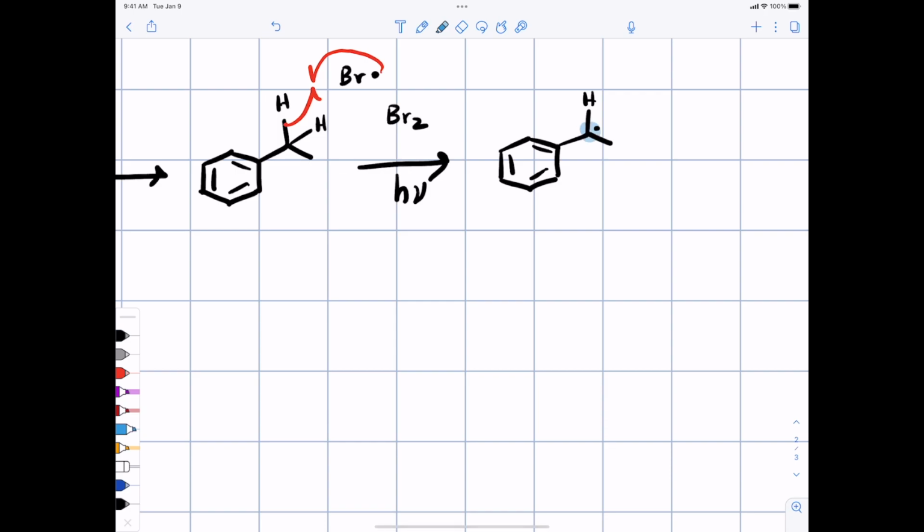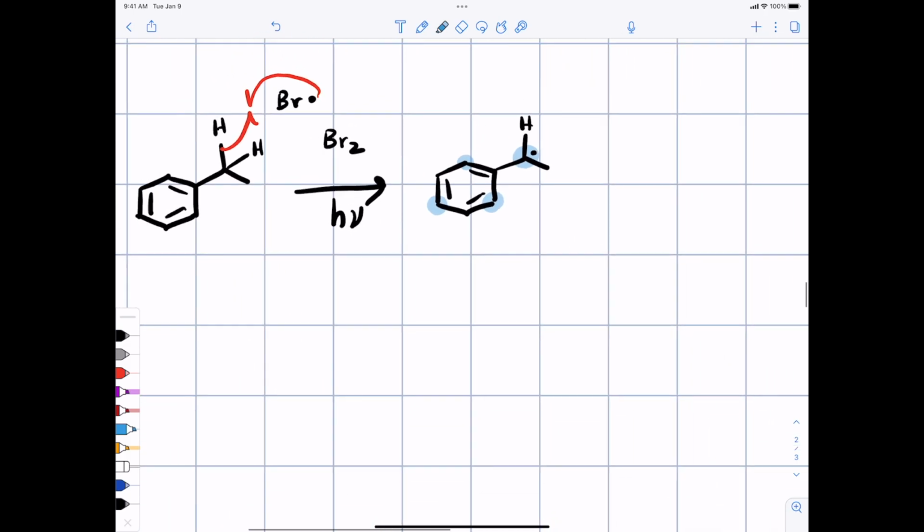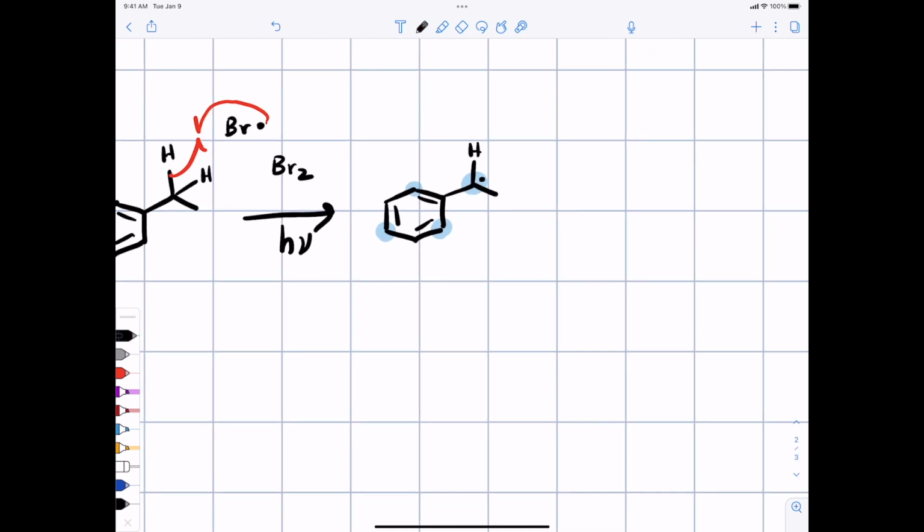Final exam question: which atoms in the benzene ring share the radical? I'm going to rely on you to push arrows to draw the resonance structures that would demonstrate that. Once you get that, this is called a benzylic radical.